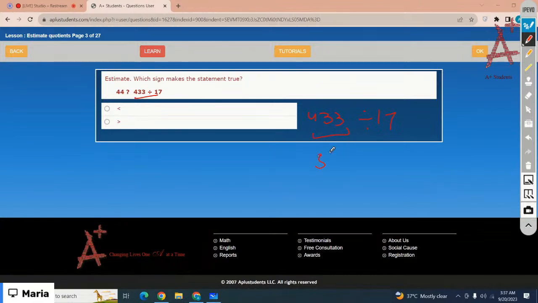You can just estimate this number to 510. So when you divide, 17 times 3 is 51, that would be 30. So 44 is greater than 30 or less than 30? So 44 is greater, right?